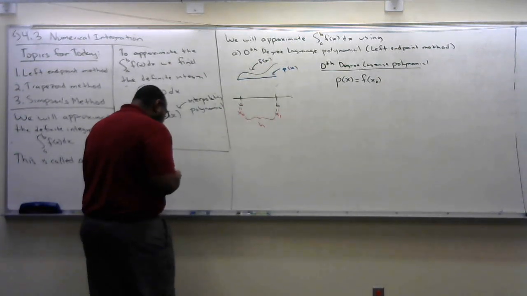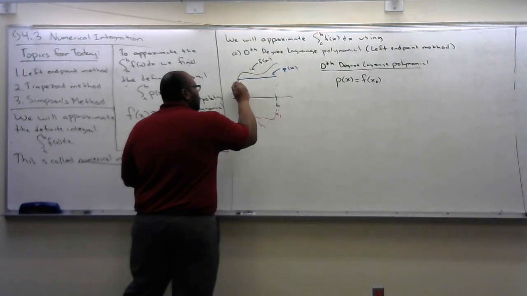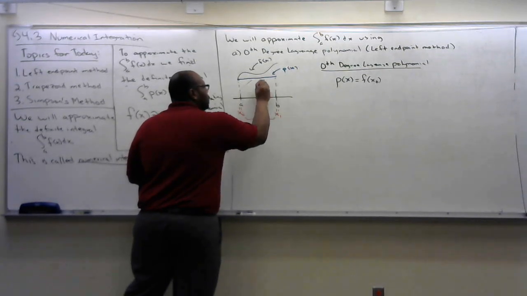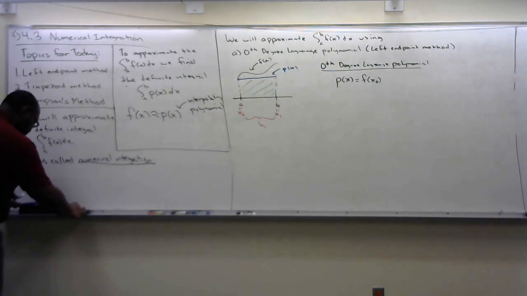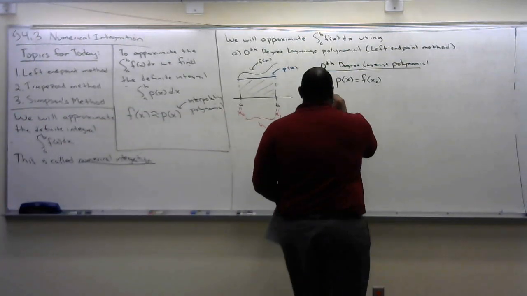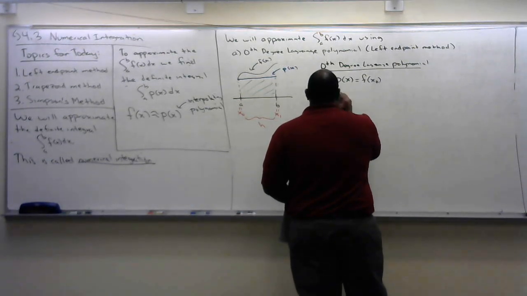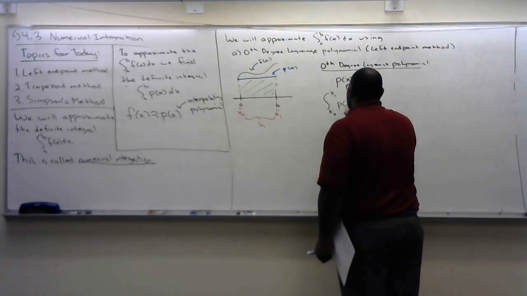I'm going to look at the area underneath that, and that'll be my approximation. Well, what is the integral from x naught to x1 of p of x dx?